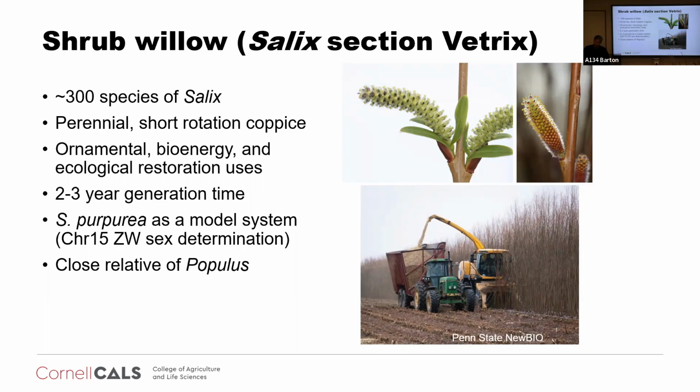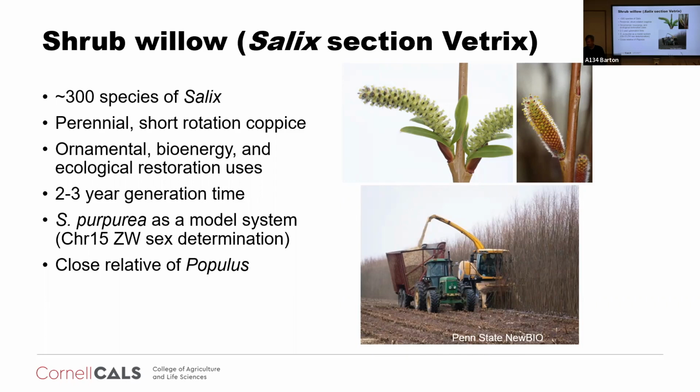I would add that the challenging point is knowing when sex is determined in willow, because you have to apply the treatment at that time, and it's very difficult to understand exactly when that happens during bud formation, several months before the catkins emerge.